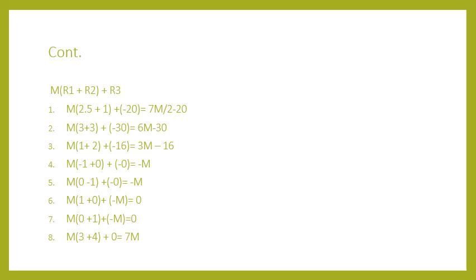This multiplication is R1 plus R2 in brackets multiplied by M, plus R3. Now we are going to apply this formula vertically, looking at the table, the primary table, vertically.